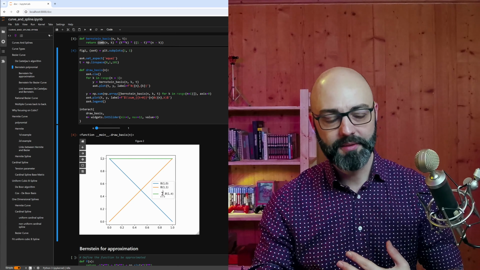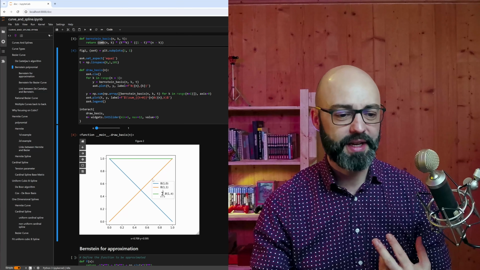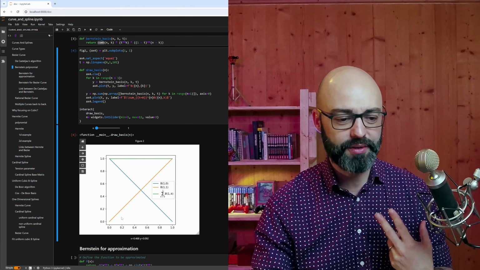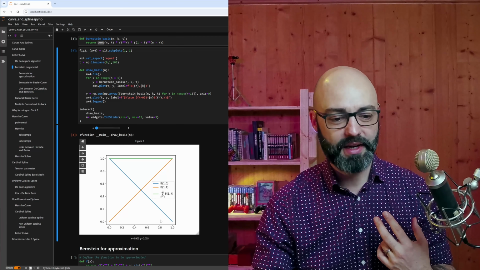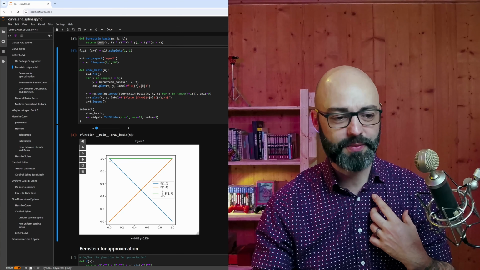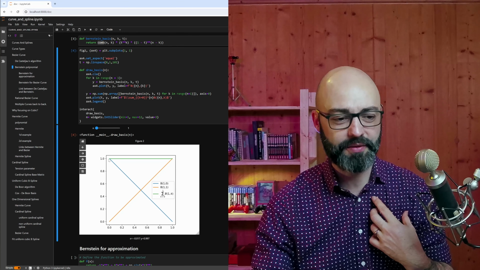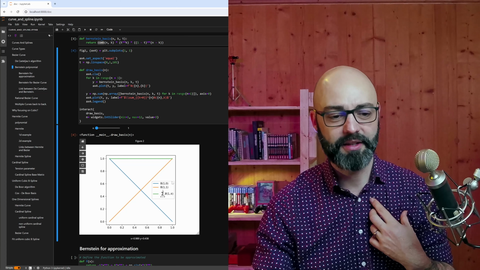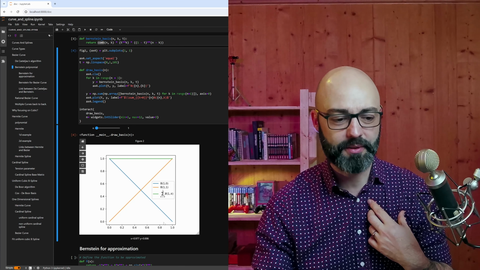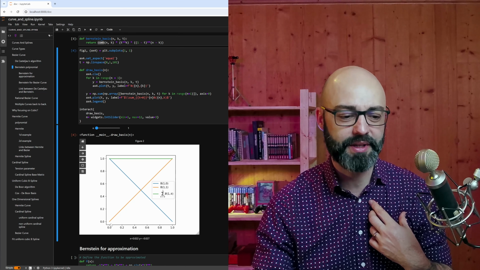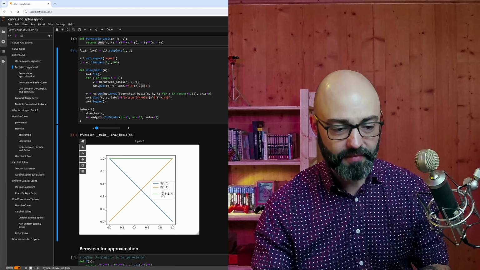A degree 1 Bernstein will actually give you 2 polynomials, and the first one starts at the value of 1 and ends at the value 0 at 1, and the second one is just the opposite.